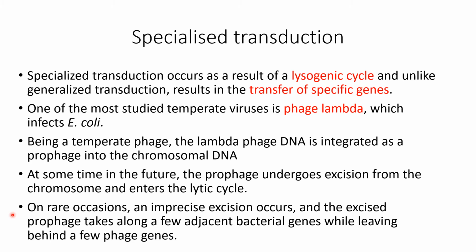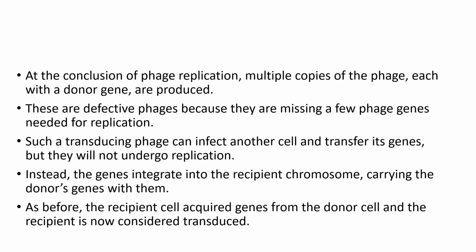So sometimes improper excision will happen and the excised prophage will take along a few adjacent bacterial genes while leaving behind a few phage genes. That is, it will take some bacterial genes with it and it will leave some of its own genes with the bacterial chromosome when the excision is happening. Now after excision, again the same lytic cycle events will happen.